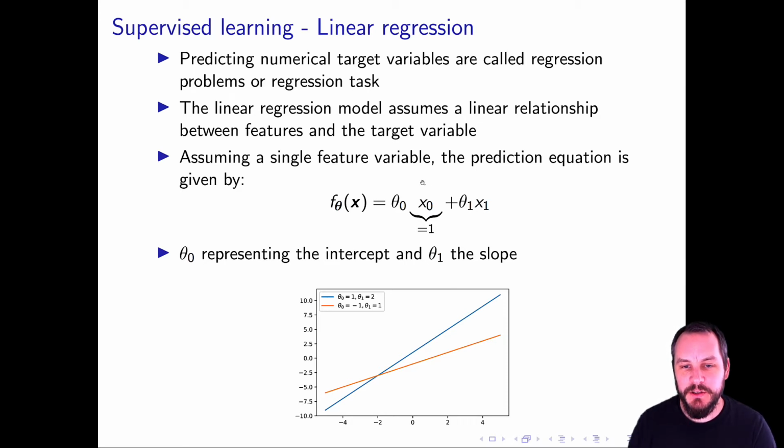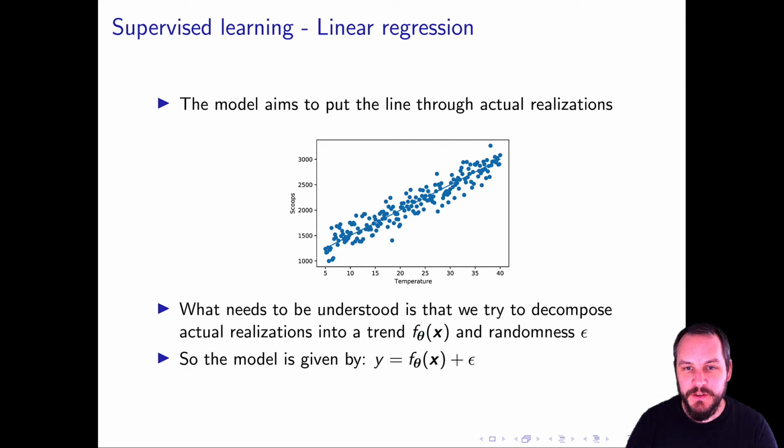Calibration just means that depending on how we set the parameters, the functional relationship between the feature variable and our prediction changes. And of course, we want to calibrate it in a way that it matches reality in the best way. So what we typically do is that we have, for instance, some data here. Each point here corresponds to one observation.